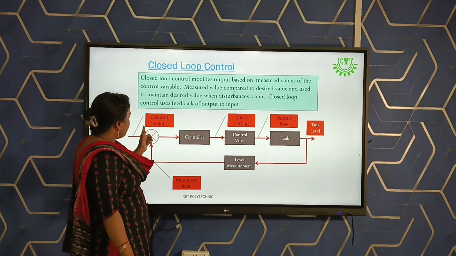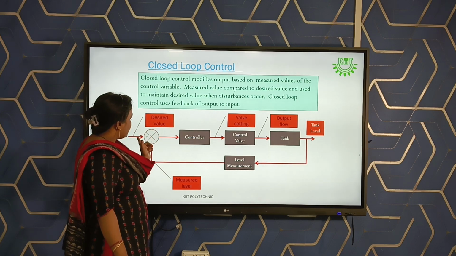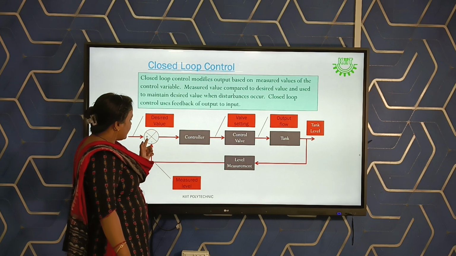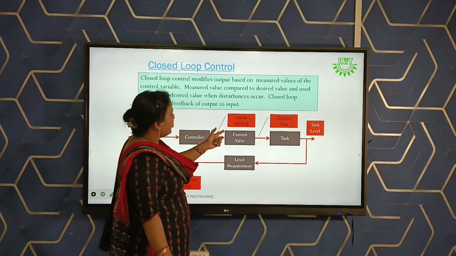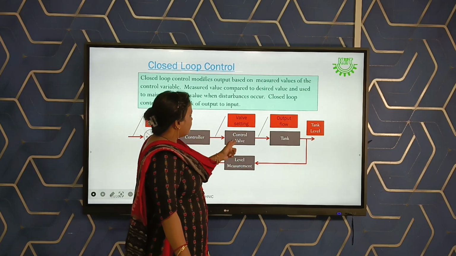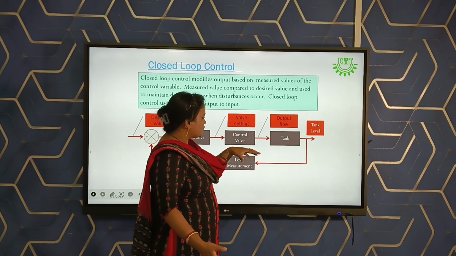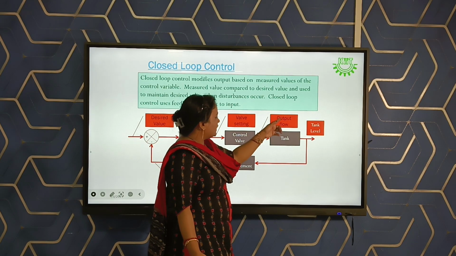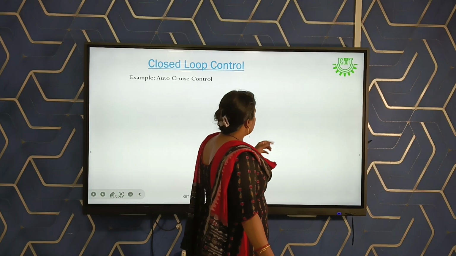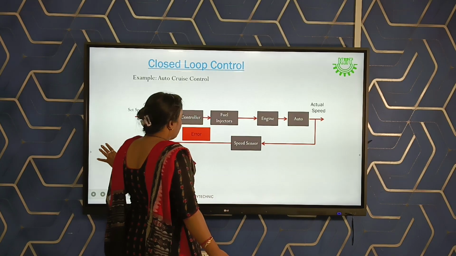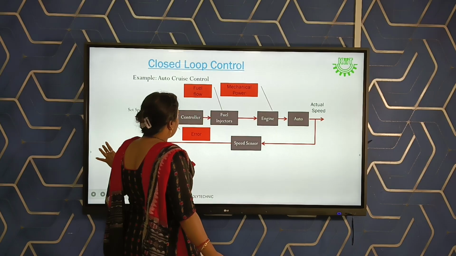The reference point means the desired value, which is represented by a positive sign. Then the controller again goes to the valve setting: whether the control valve will be opened or not, and what percentage it will be opened. Then the output flow means the flow of water which comes out from the tank.